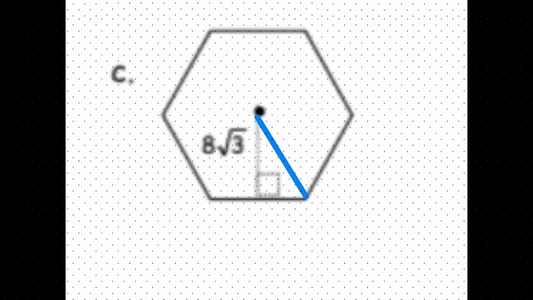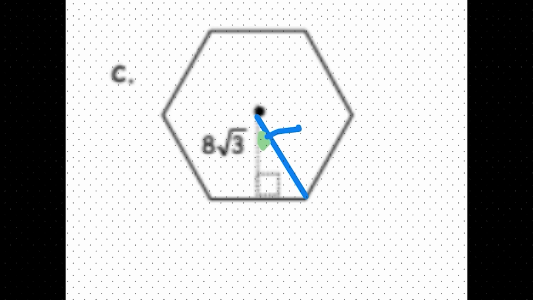Because you put the theta angle formula. So which angle is 30? Is it this one or this one? This one. So that angle is 180 by n, right? 180 by 6. 30 degrees.